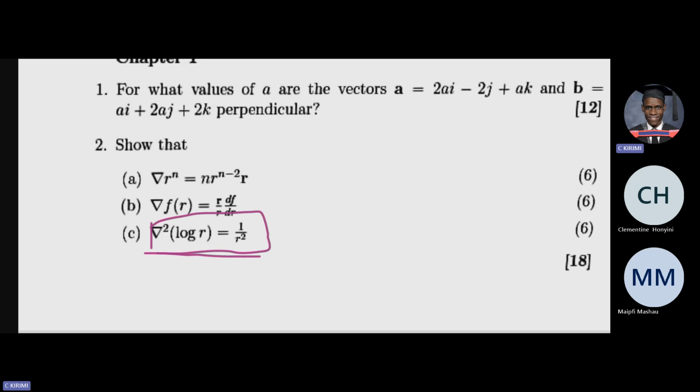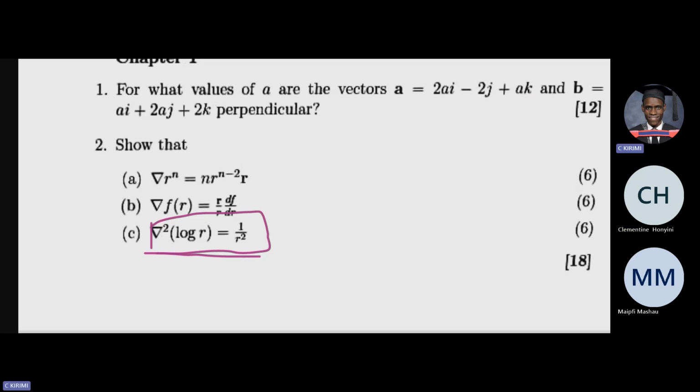That is what we are supposed to show, class. Is it clear? Yes. Once you have arrived at showing that, then we are done. That is our mission.